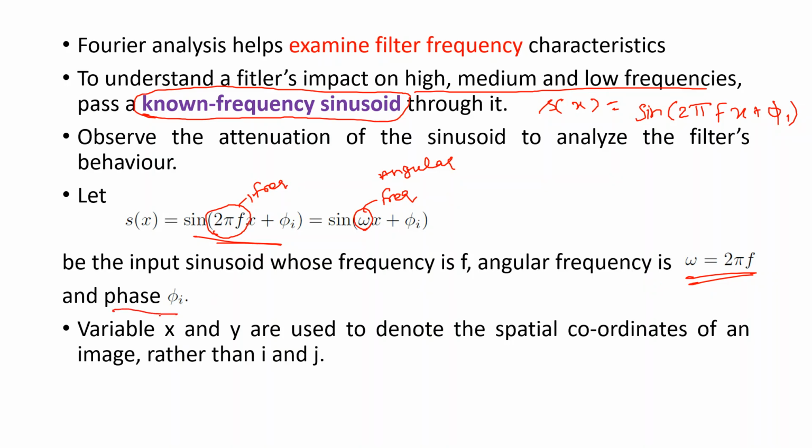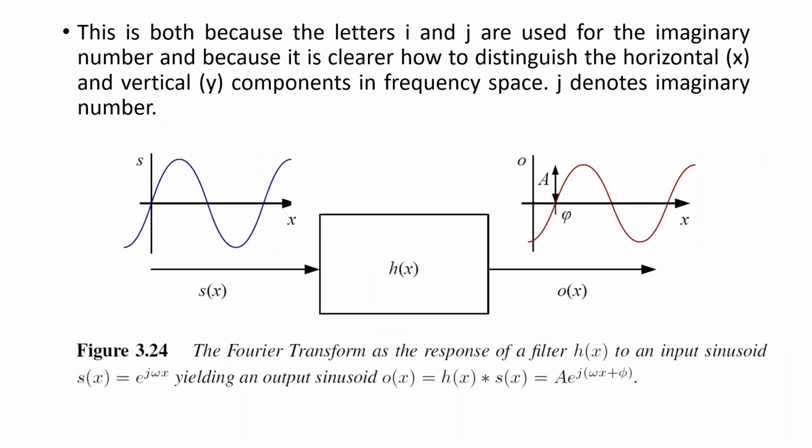Psi represents the phase of the sinusoid, and x represents a spatial coordinate. The result of applying this sinusoid lets us understand the frequency of a filter pass, whether it is high, medium, or low frequencies.